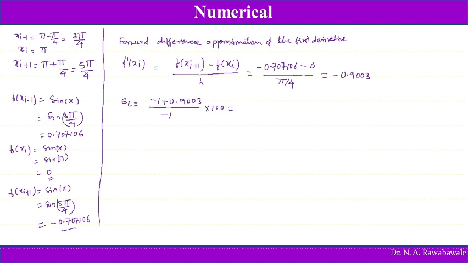This gives us the percentage true error. The error is 9.96%, approximately 10%. True error is 10% for forward difference approximation.